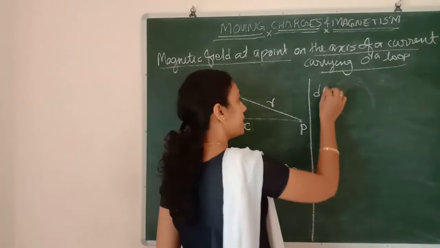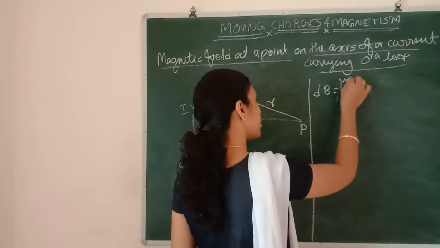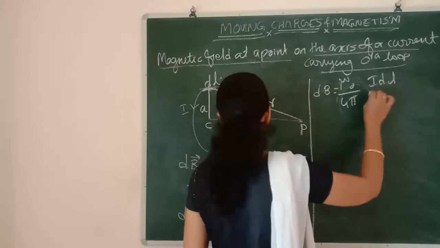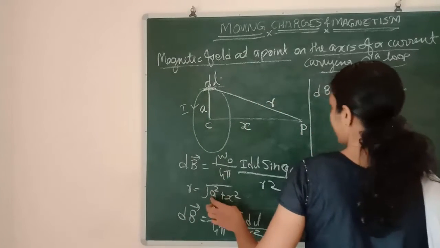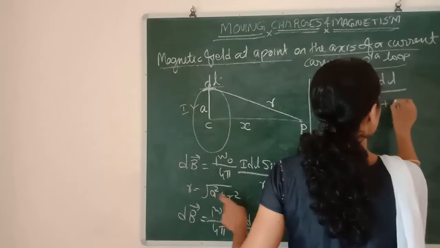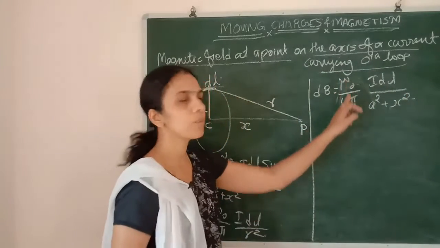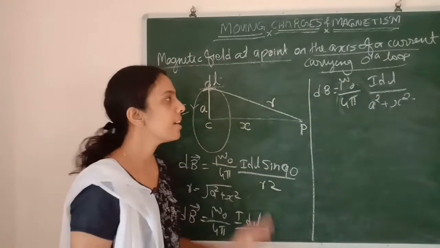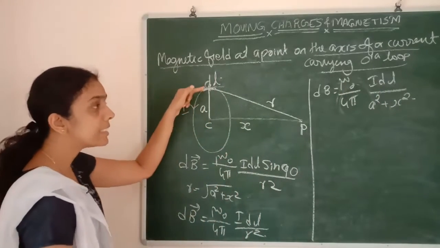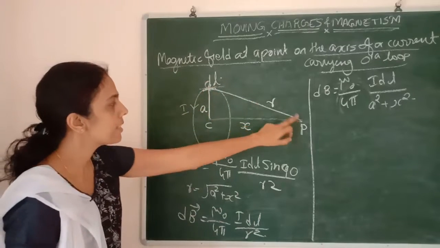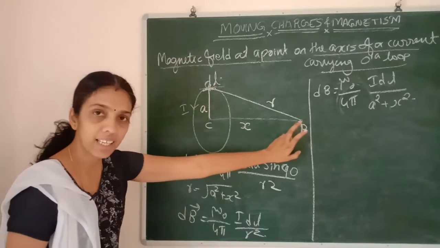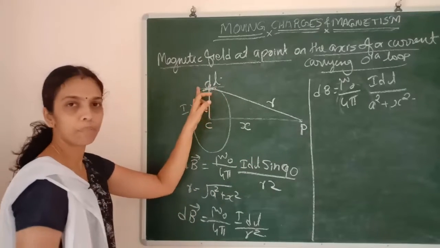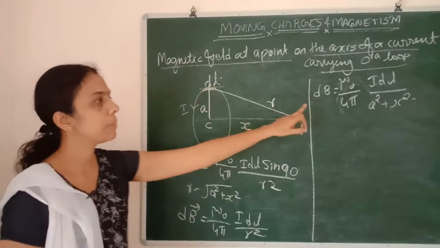So dB equals mu 0 by 4 pi into I dl divided by a square plus x square. This is the magnetic field at this point because of the current carrying element dl. So dB is like this.